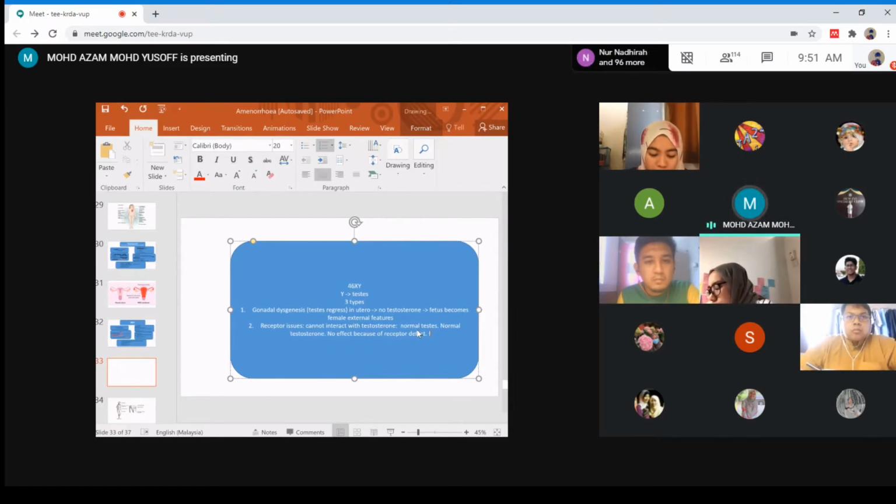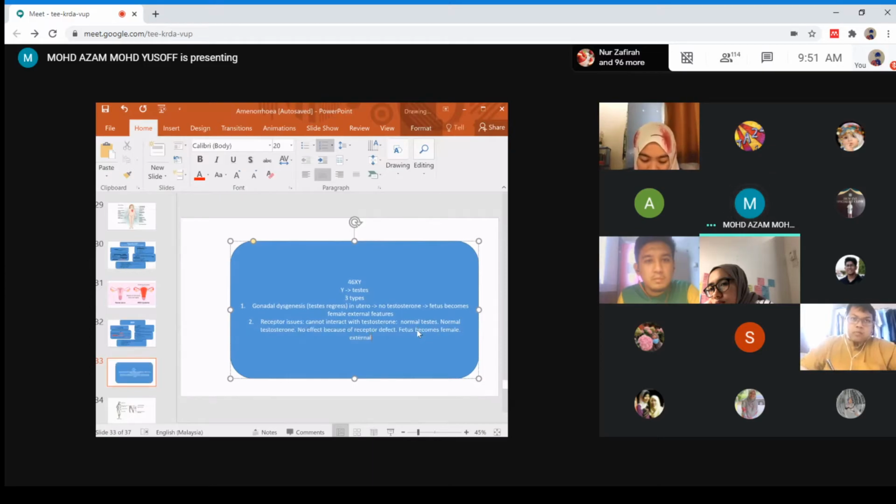So the fetus becomes female. The external genitalia is female. Okay.